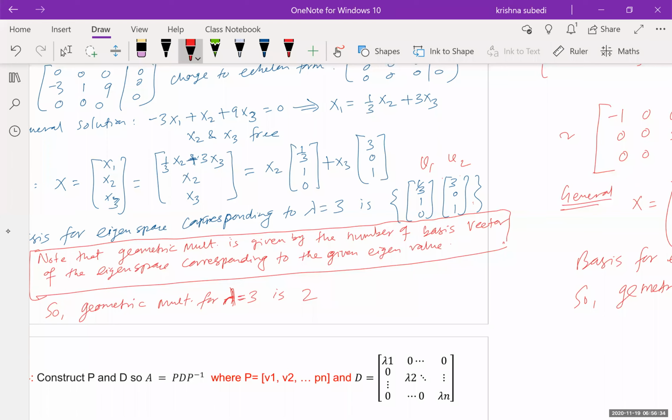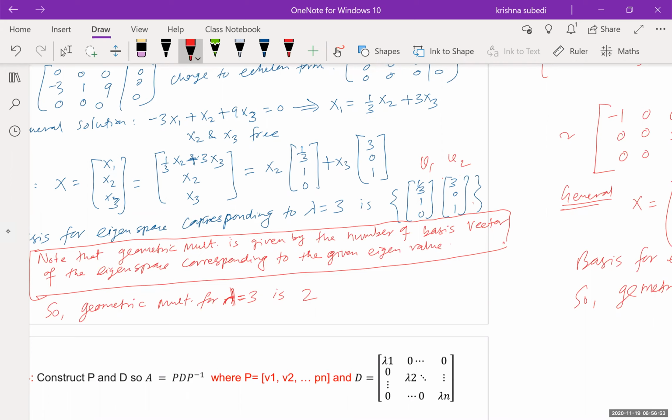By the way, this is not always the case. If the geometric multiplicity and algebraic multiplicity are equal, then that matrix can be diagonalized. We can find the diagonal matrix. If they are not equal, then we cannot diagonalize.